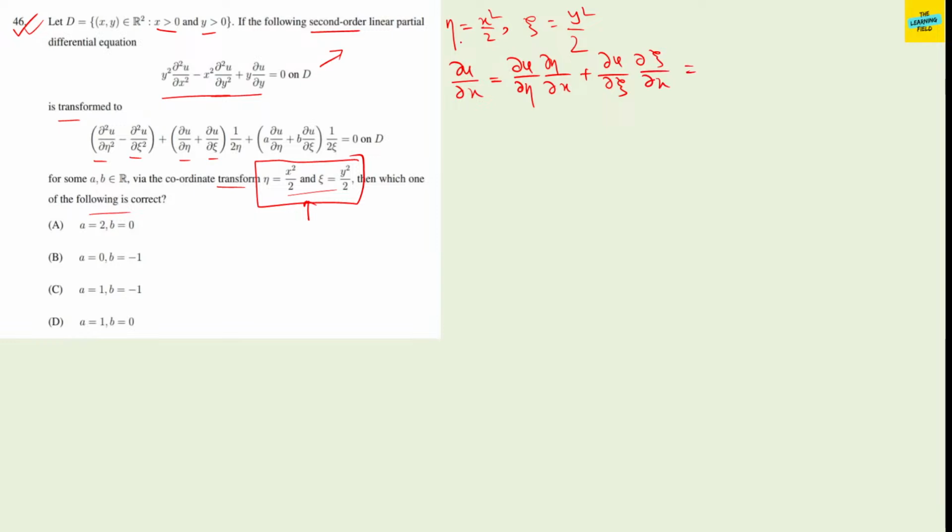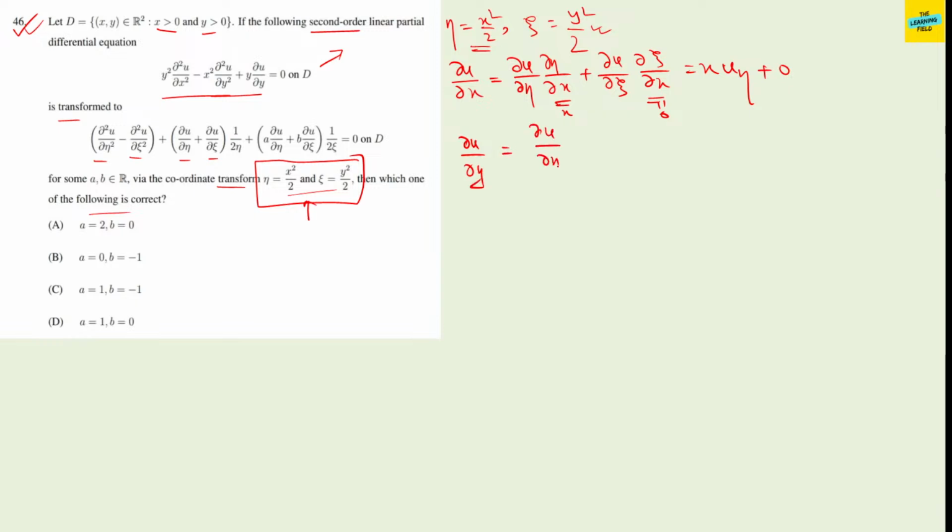So ∂η/∂x from here we get x, and this is u_η. And ∂ξ/∂x: this is not a function of x, it is a function of y only, so that means this is 0, and this term completely goes to 0. Now ∂u/∂y, this is equal to what?